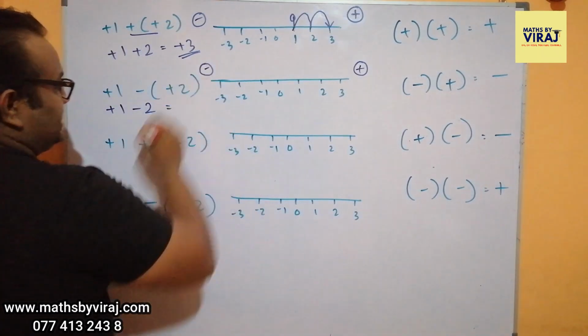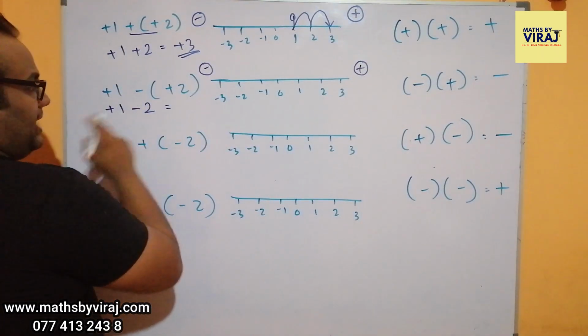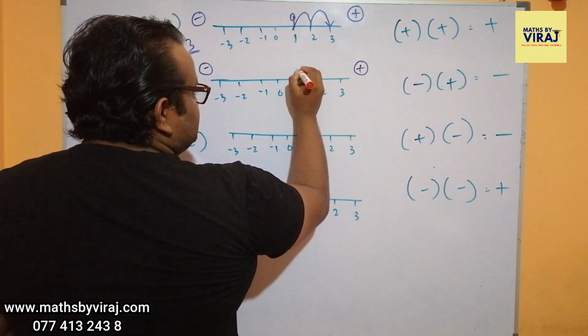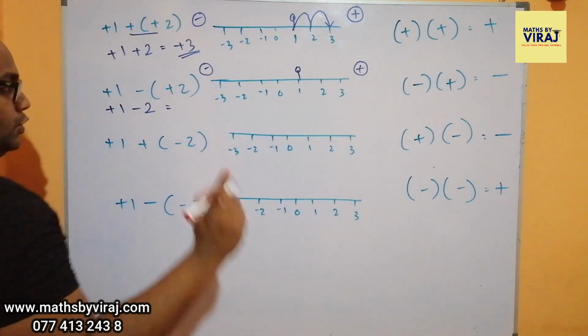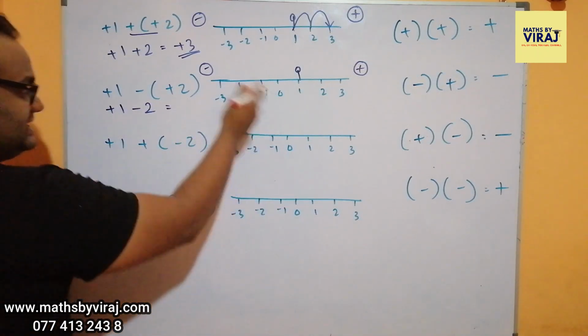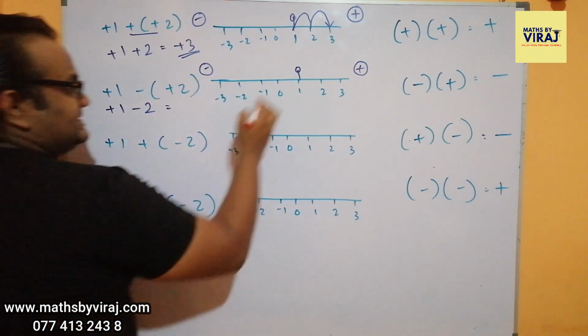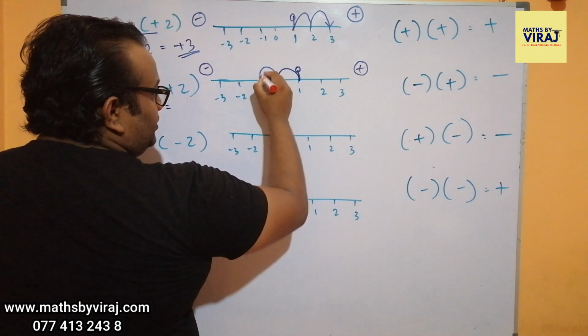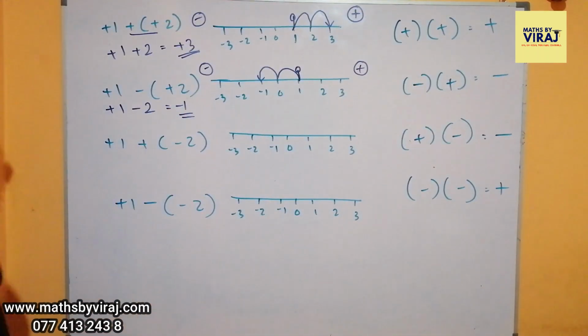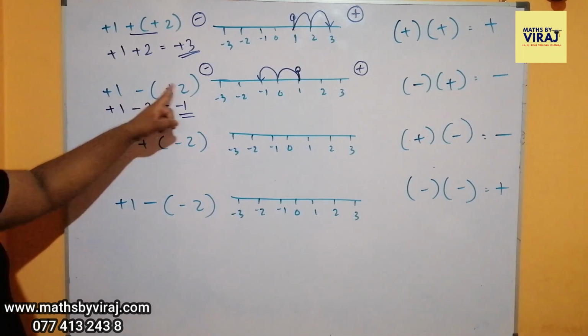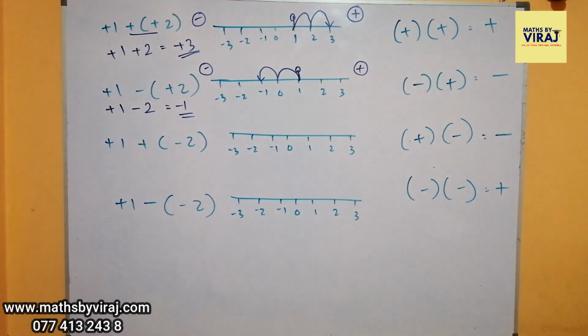This is my negative side. Plus 1 minus 2. I am in plus 1. So how many times should I move? 2 times. And what is the side? Towards the minus side. 1, 2. And the answer is minus 1. Therefore, plus 1 minus plus 2, answer is minus 1.